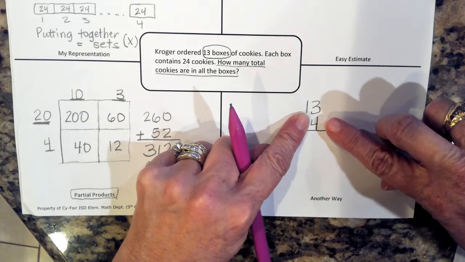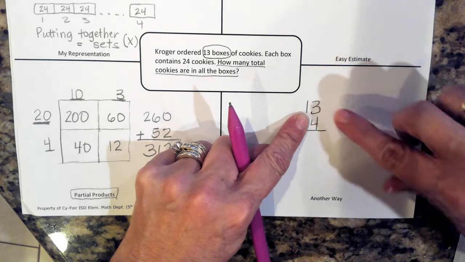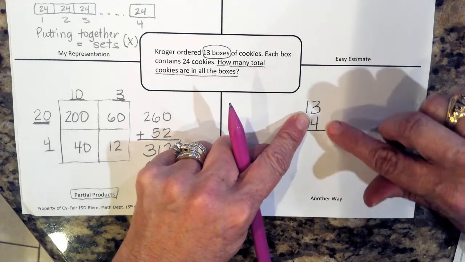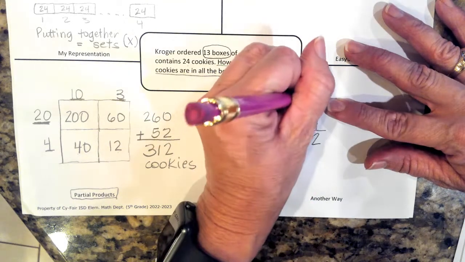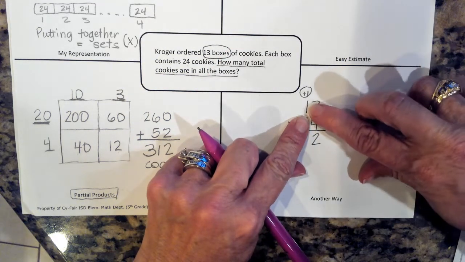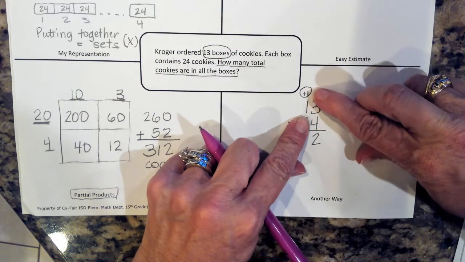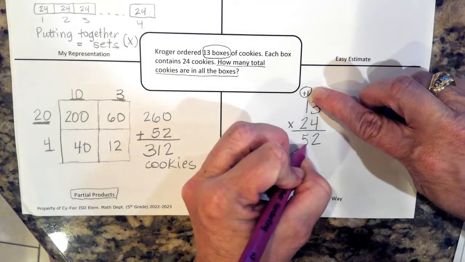We're going to take the digit in the ones place, and it gets to be multiplied by all the digits above. So 4 times 3 is 12, and 4 times 1 is 4, and we're going to add in one more to get 52.